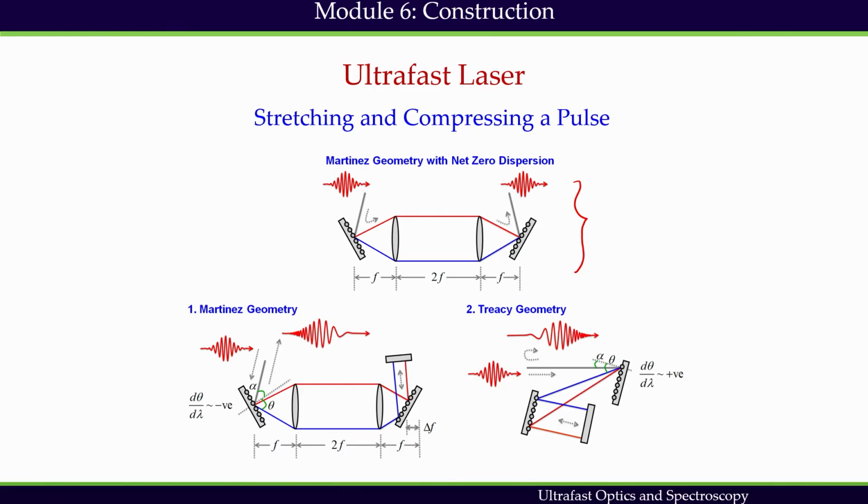Now, if an object is placed at f in front of the first lens, an image is formed at distance f behind the second lens, and that's exactly where the two gratings are placed. If we place them at these focal lengths, the net dispersion remains 0.